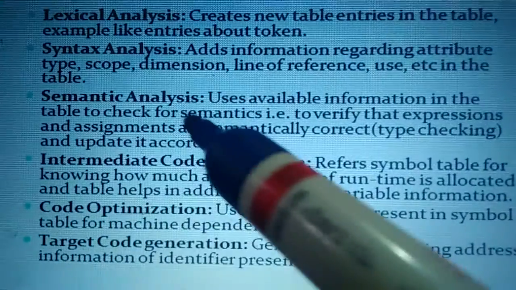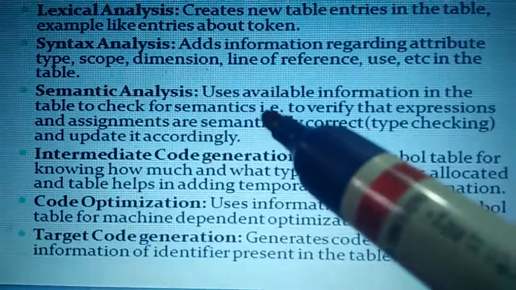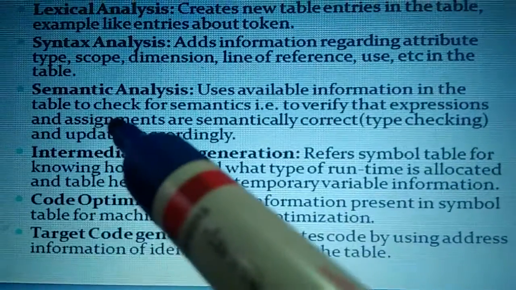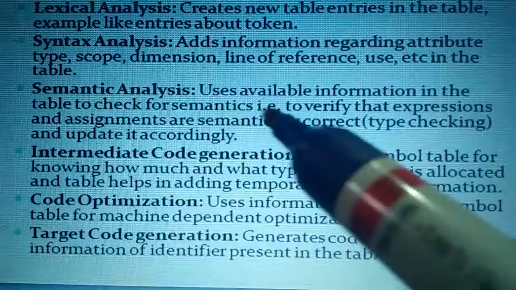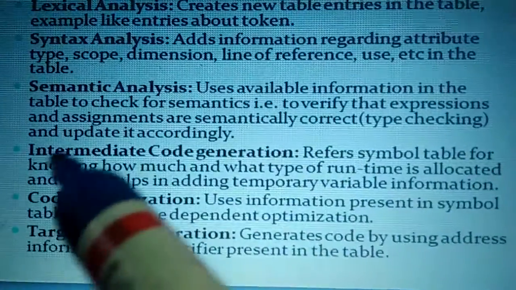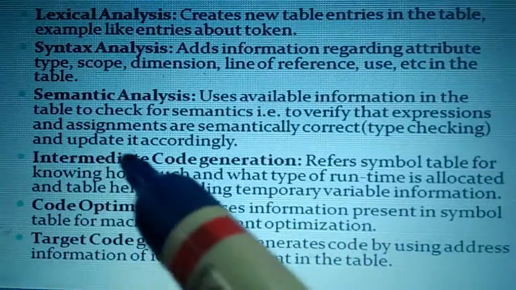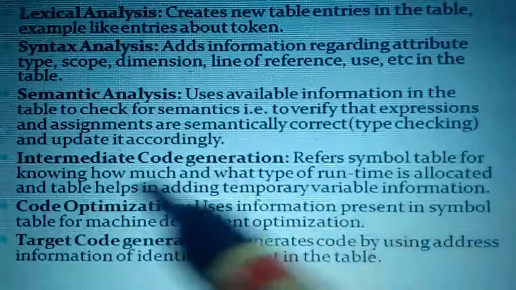Semantic analysis, what is it? It uses the available information from the table to check for the semantics, that is, to verify whether the expressions and the assignments are semantically correct or not. They do the type checking and update it accordingly.